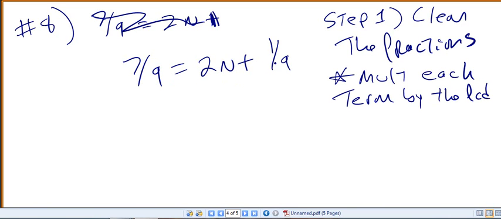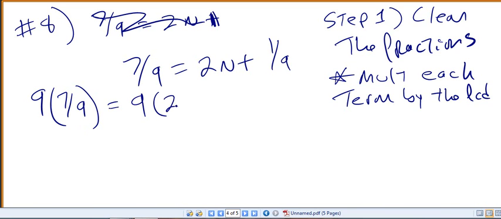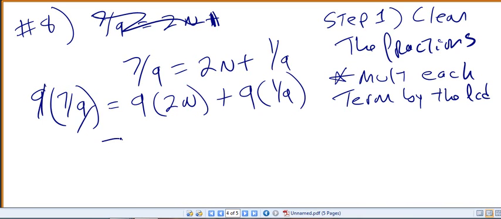So the least common denominator, since they're both 9, is going to be 9. So I'm just going to rewrite it as 9 times 7/9 is equal to 9 times 2n plus 9 times 1/9. And what you'll see here is this is going to become 7. 9 times 2 is 18n. And 1/9 of 9 is just 1.